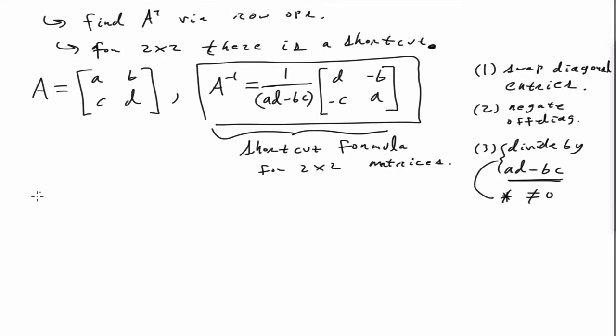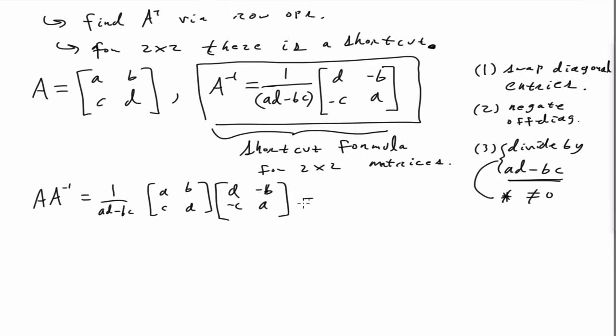We can check symbolically that this works. If I go A times A inverse, I can always put the 1 over AD minus BC out front, and then we have A, B, C, D, and then D, minus C, and minus B, and what we see there is AD minus BC.